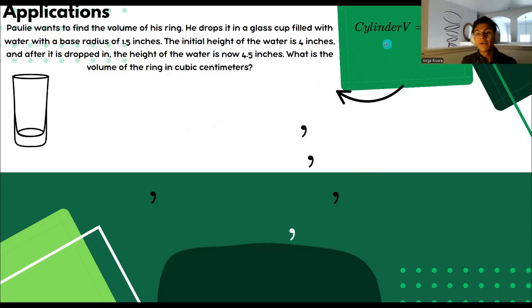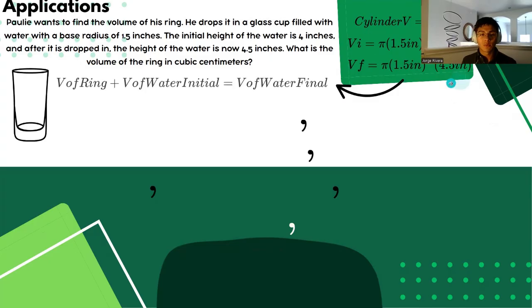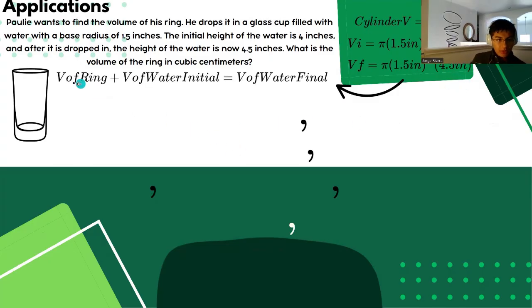So here we have the equation for the volume of a cylinder. It's pi r squared times height. And we have the volume initial, which is all these factors, and we have the volume final, which is going to be pi, 4.5 inches, because it goes from 4 inches to 4.5 inches. So the volume of the ring plus the volume of the water initial is going to be equal to the volume of the water final.